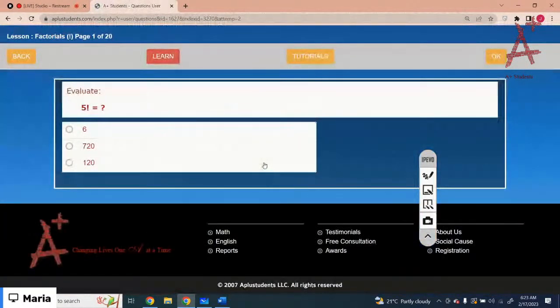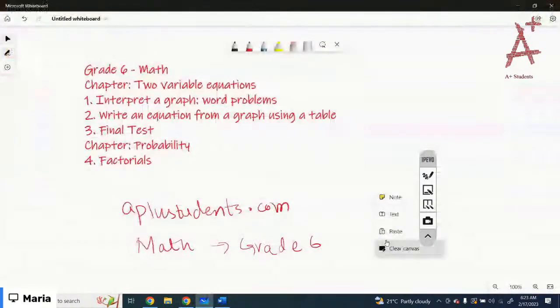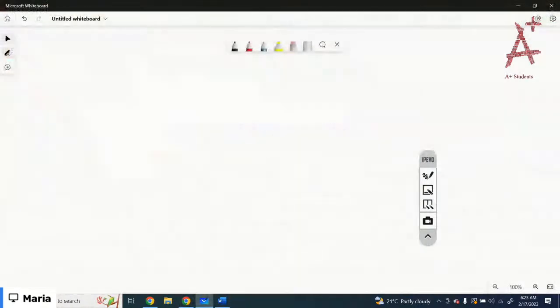Evaluate, you have to calculate 5 factorial. So for 5 factorial, you have to multiply all the numbers between 5 and 1. Got it? You have to do 5 times 4 times 3 times 2 times 1. 5 times 4 is 20. 20 times 3 is 60.